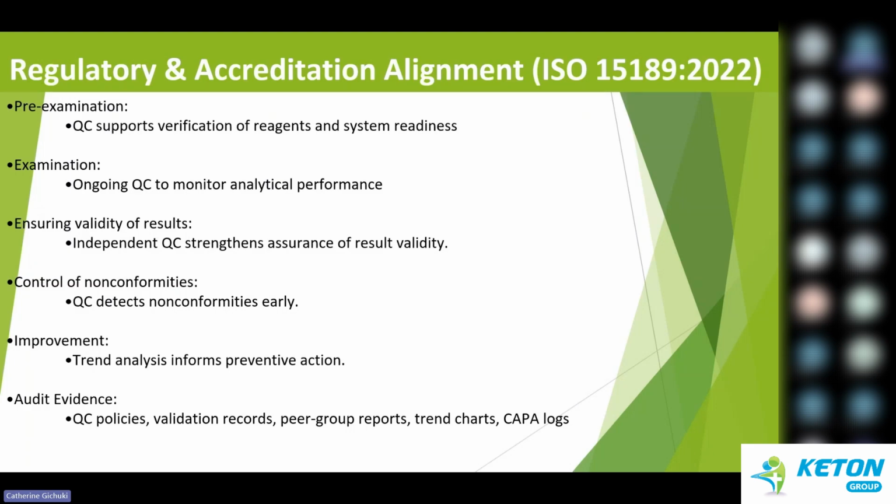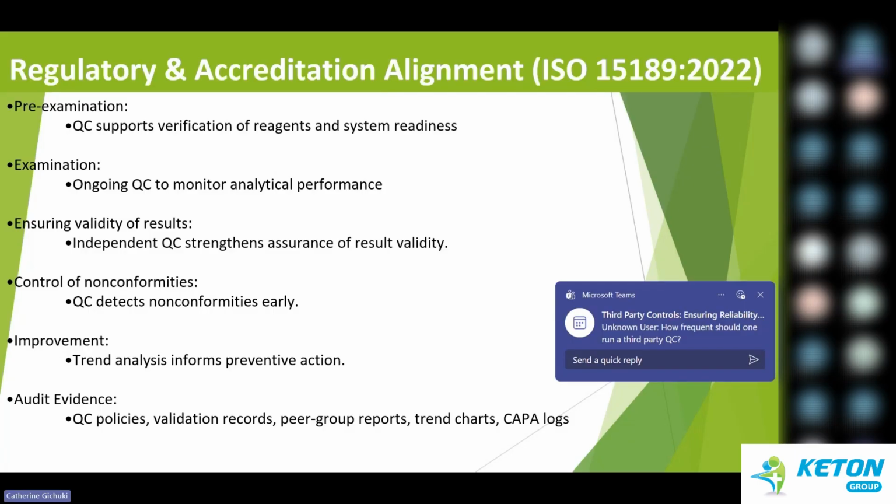The standard will require that during pre-examination, QCs are done to support verification of reagents and system readiness, to show accuracy in pre-examination, and during examinations, ongoing QCs to monitor analytical performance. Third-party QC will be able to go way beyond and show any bias or drifts or shifts or any misalignment, which is usually caught by third-party QC.